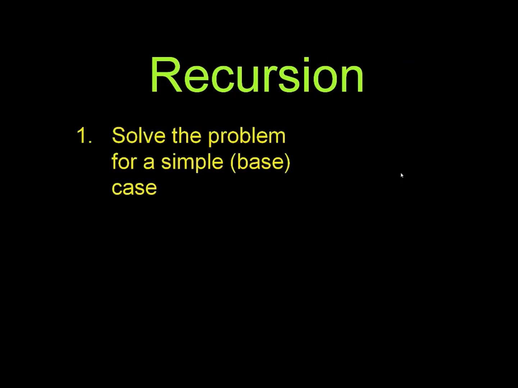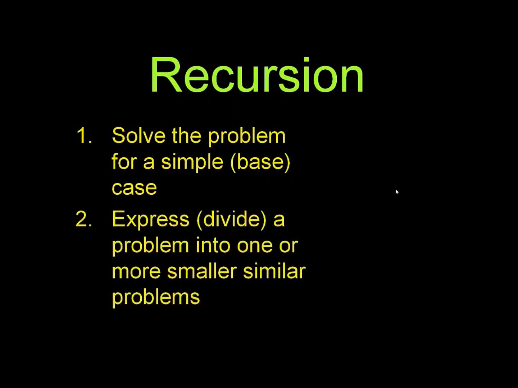Now, how does it work? Again, let me remind you that in recursion, you solve the problem for a simple case, and then you express the problem in a form whereby it consists of smaller problems of a similar form. So the question is, what happens if you have no disk? Well, do nothing.